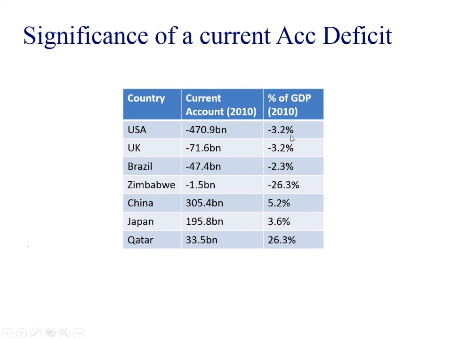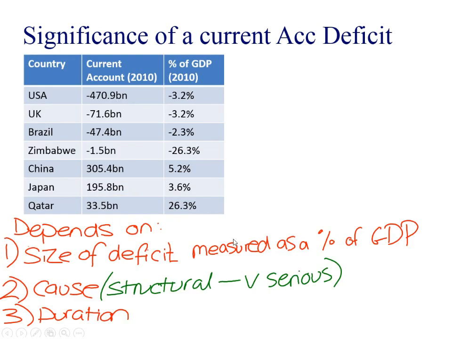So when we look at it as a percentage of GDP, okay, USA's deficit looks really large, but if we measure it as a percentage of GDP, well, 3.2%, it's actually the same as the UK's in 2010. Wow, look at Zimbabwe, it is absolutely huge. Wow, look at Qatar's surplus, absolutely huge when you compare it to China, but the absolute figures tell a different story. So what we really need to do is measure it as a percentage of GDP.